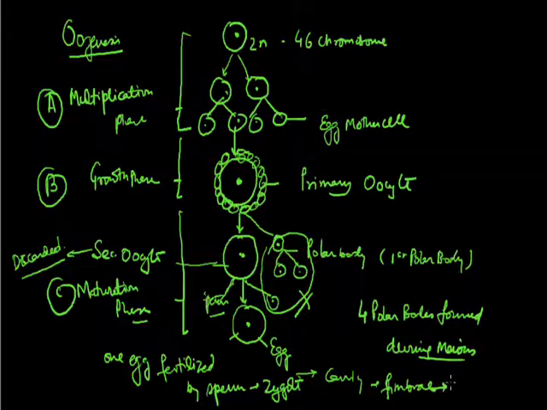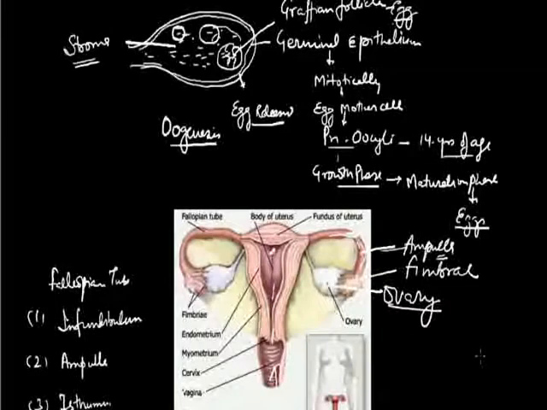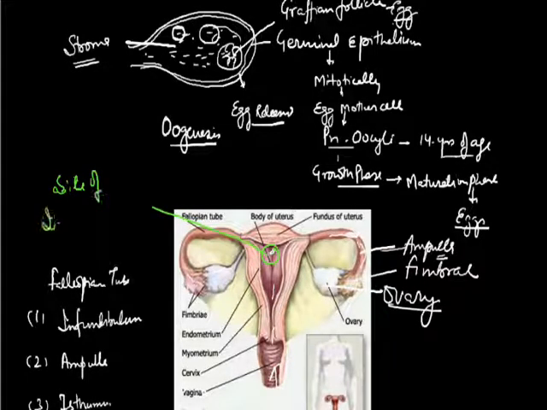It reaches the ampulla of the oviduct, and in case it is fertilized, the implantation takes place in the uterine cavity, that is here. Site of implantation. This is the site of fertilization.